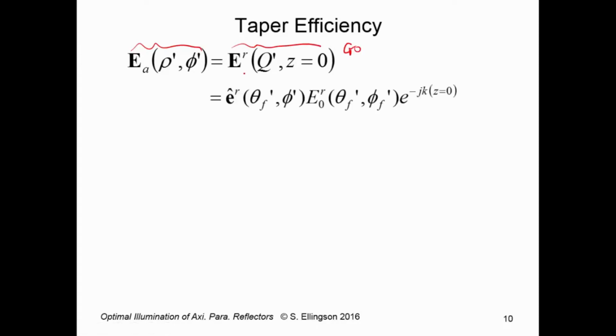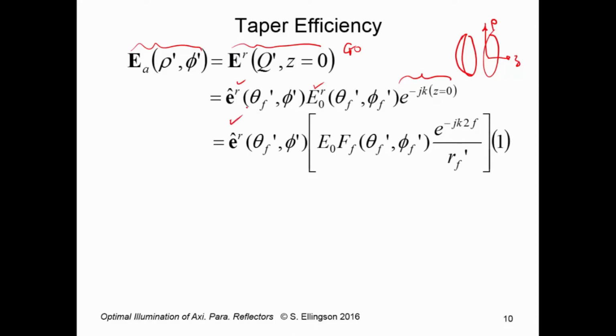That can be written as a unit vector times a magnitude and phase, then times e to the minus jk z, and z equals 0 because we're in an aperture, and we're assuming this aperture is at the origin of the coordinate system. So here's z, here's rho, and the reflector is out here. Again, the unit vector. This is 1 because we're assuming z equals 0, but we could take that aperture anywhere, so we might as well just take it at z equals 0.